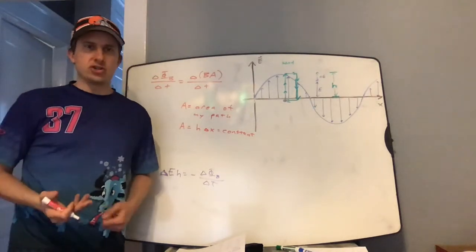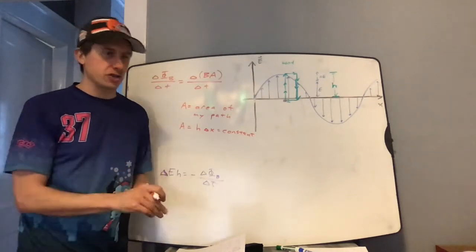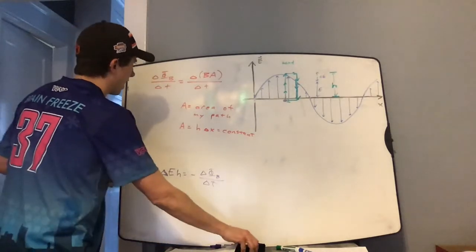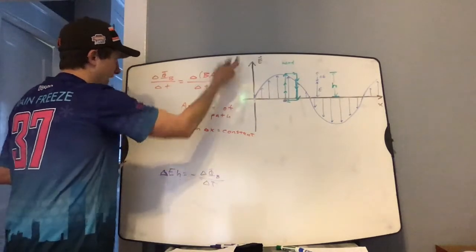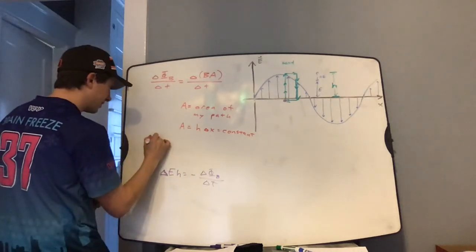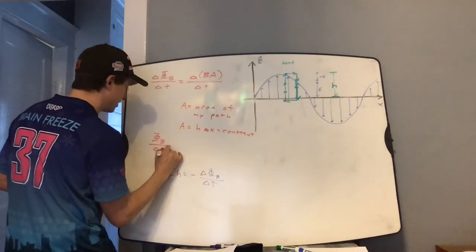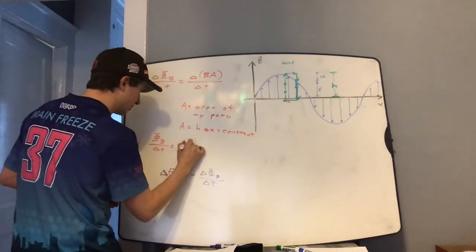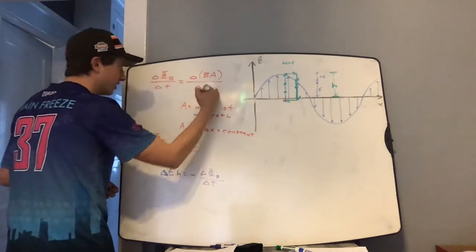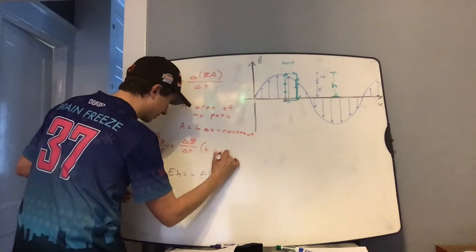It is something I choose, and I choose a certain path. The size of that path is not changing throughout this problem. So I could factor the A outside, and write delta phi B delta t is equal to delta B delta t times area, and area is H delta x.